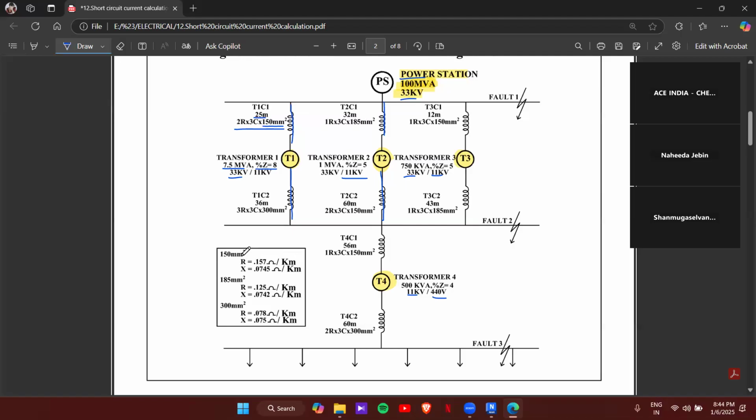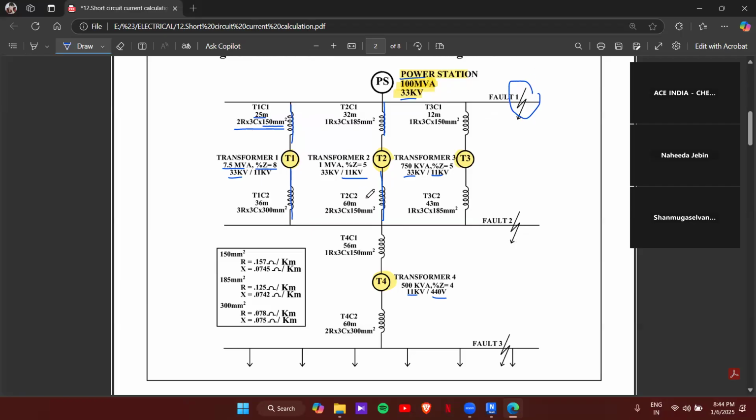First of all, we have to find out the impedance of the cable for T1 C1, T2 C1, individually. Then for the equipment, the transformers, we have to find out. Then the fault is here. You can see fault 1, fault 2, and fault 3. Here we are going to assume that if a short circuit occurs on this side, how much will be the short circuit current on this side?